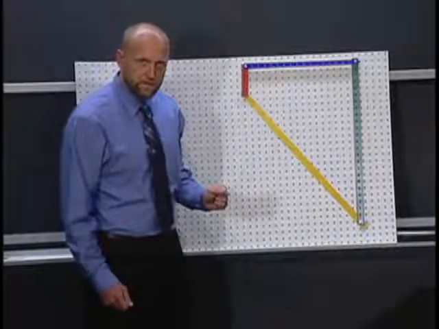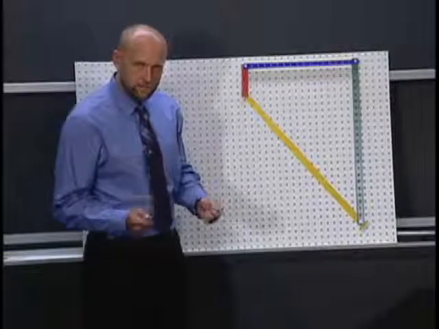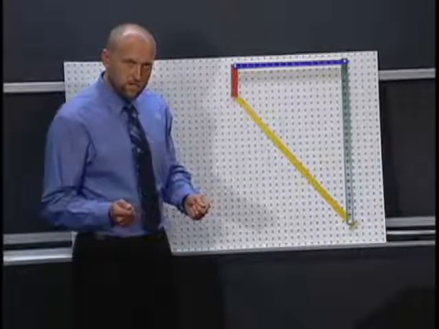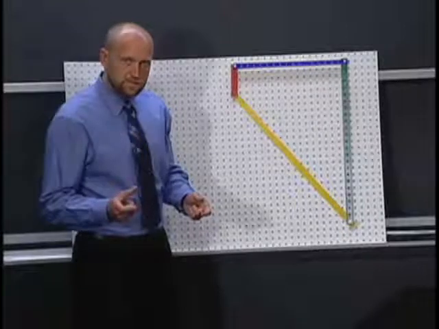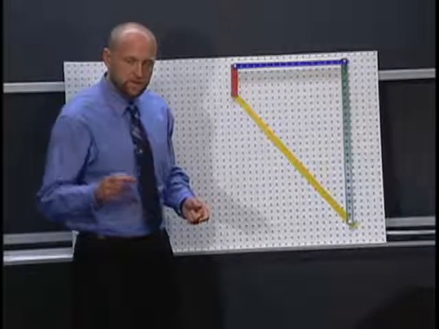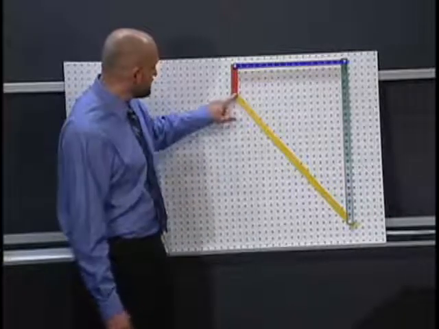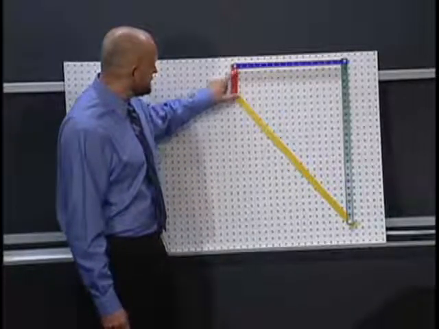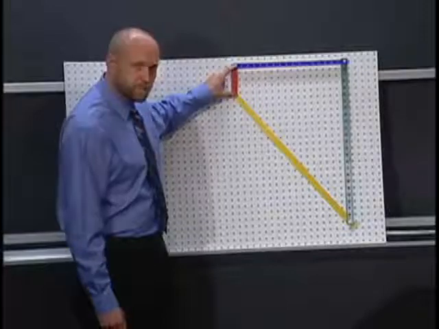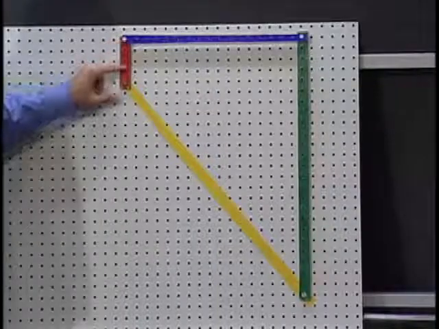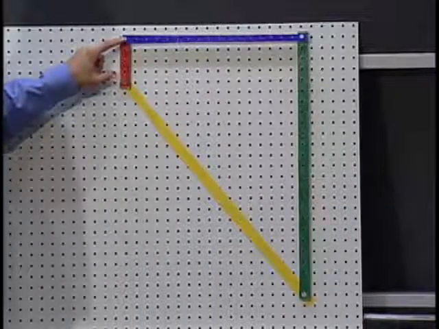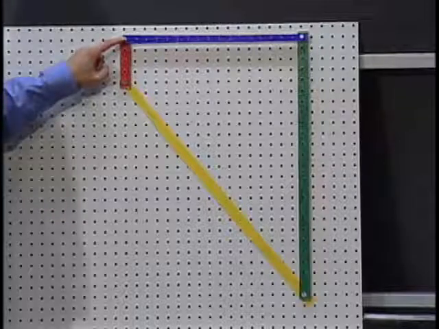The key thing is that they have to allow rotation, but as before, they make sure that the distances between the different points are fixed and therefore that they move in circles. So for example, this component here makes sure that the distance to this pin is always on a circle of 1, 2, 3, 4 units on the pegboard.